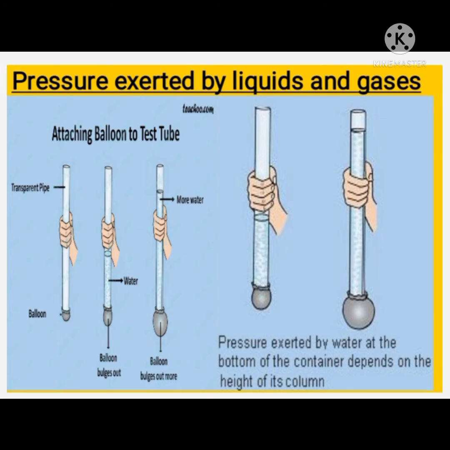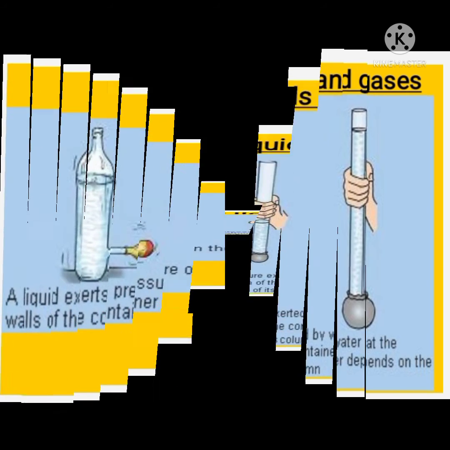You can observe that as the height of the water column increases, the bulging of the rubber sheet or the balloon also increases. That means the pressure exerted by water at the bottom of the container depends on the height of its column.